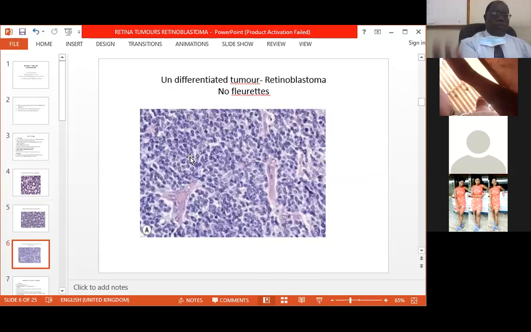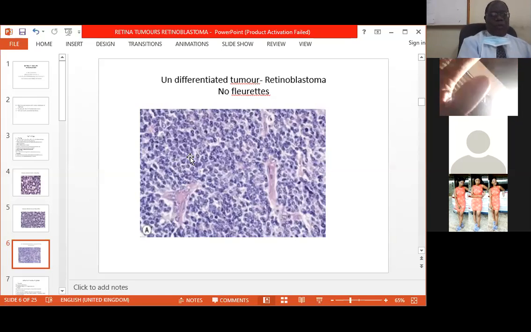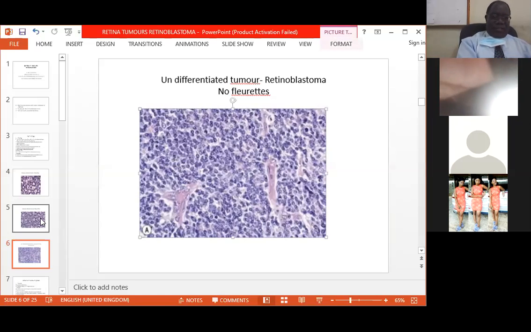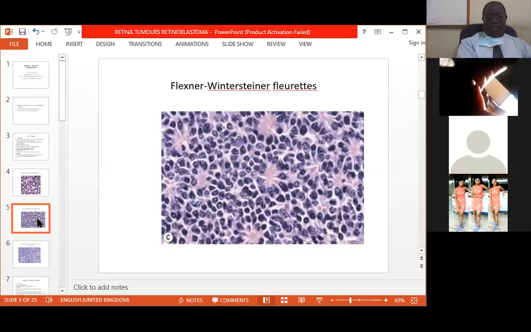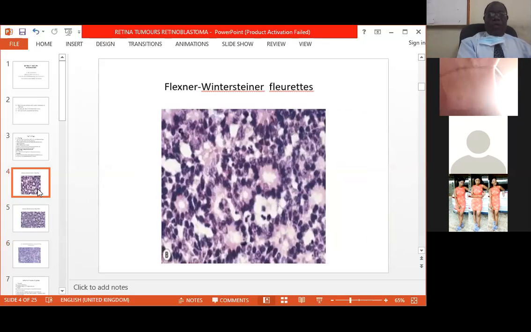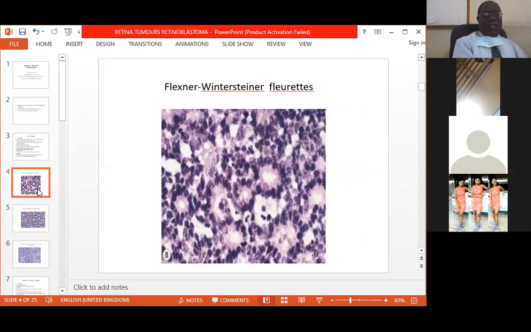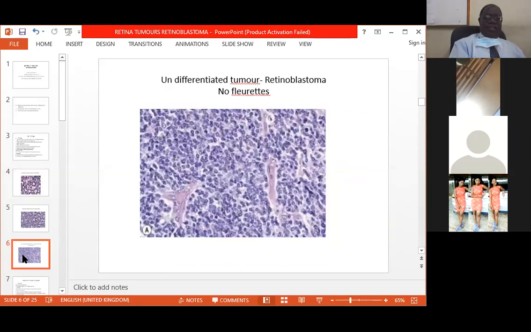It's all a mass of stem cells, but you can't tell if this specimen is brought to you and you don't know where it has come from. But once it has differentiated, like in this one and in this one, the pathologist should be able to make a diagnosis that this is retinoblastoma, florets. This is undifferentiated. These two are differentiated.